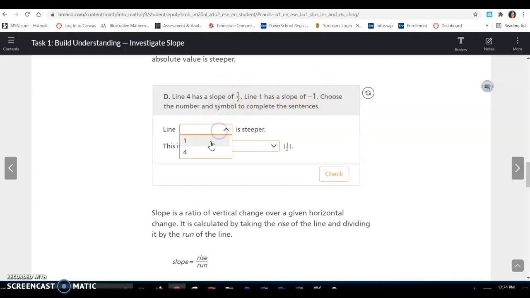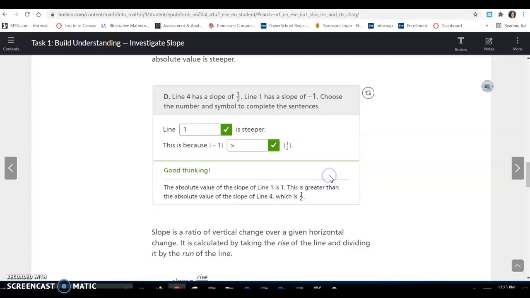So line 1 is steeper, and that's because the absolute value of -1 is just 1, and that is greater than 1/2.